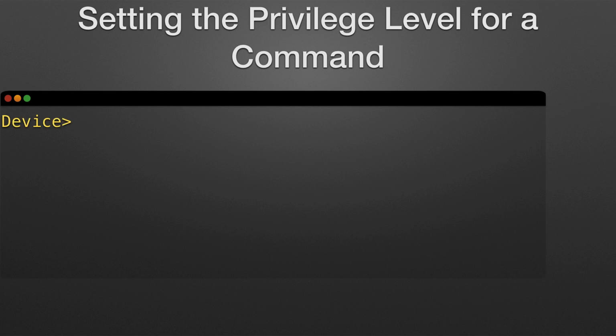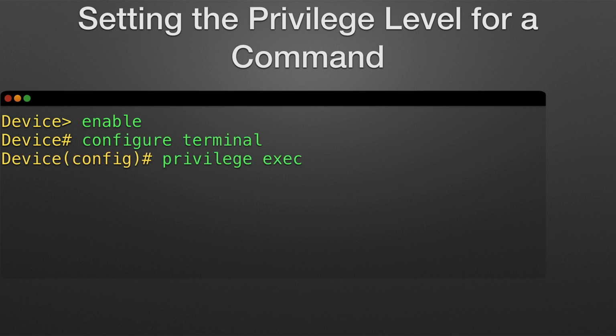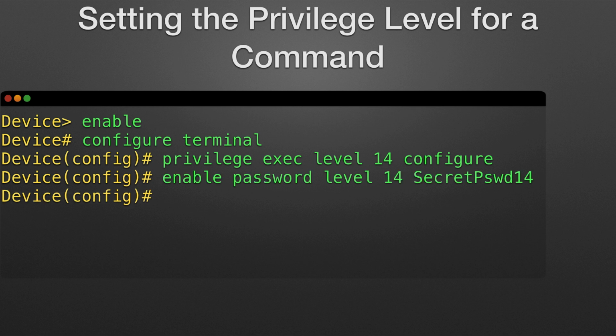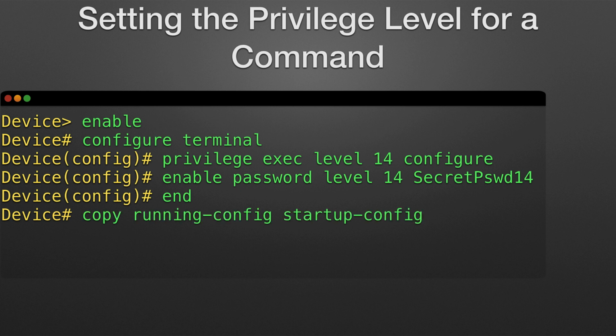Setting the privilege level for a command. Follow these steps to set the privilege level for a command. For mode, enter configure for global configuration mode, exec for exec mode, interface for interface configuration mode, or line for line configuration mode.